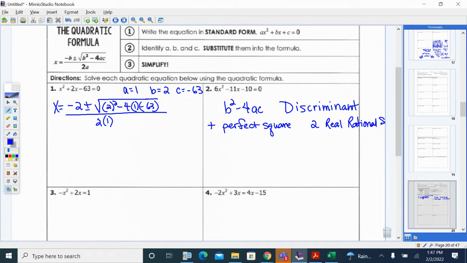If it is just a plain positive number, I'll say non-perfect square, you're still going to have 2 real solutions, but they're going to be irrational.